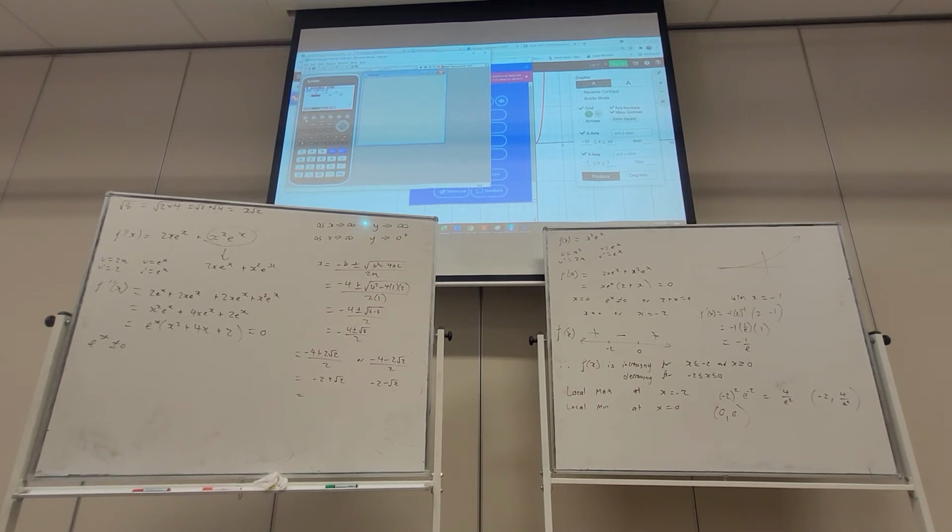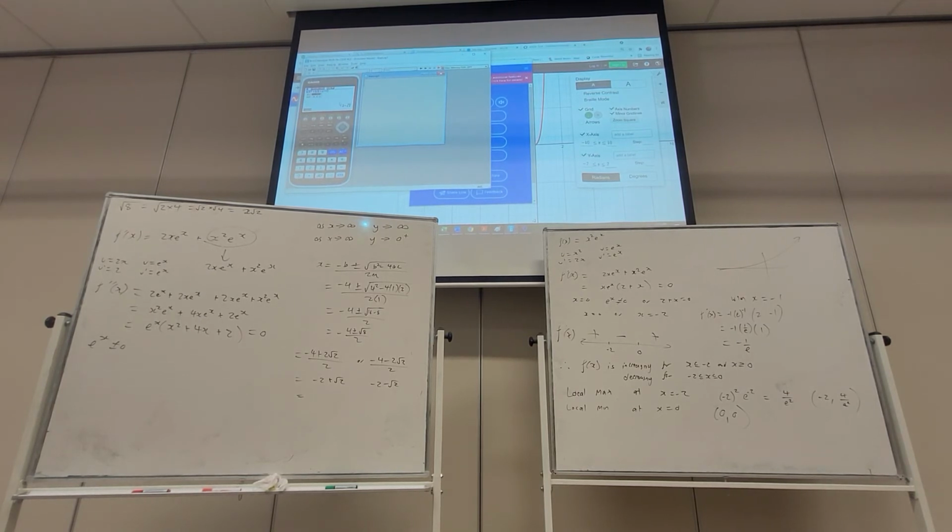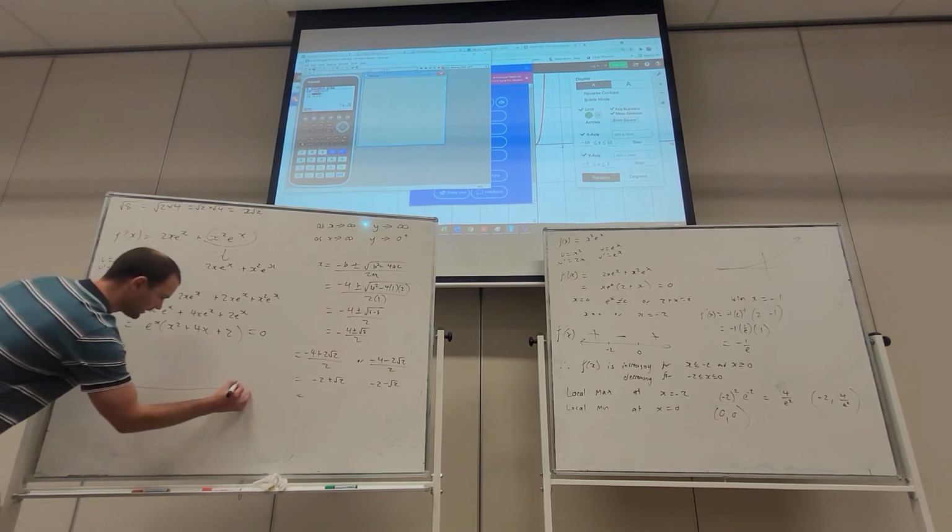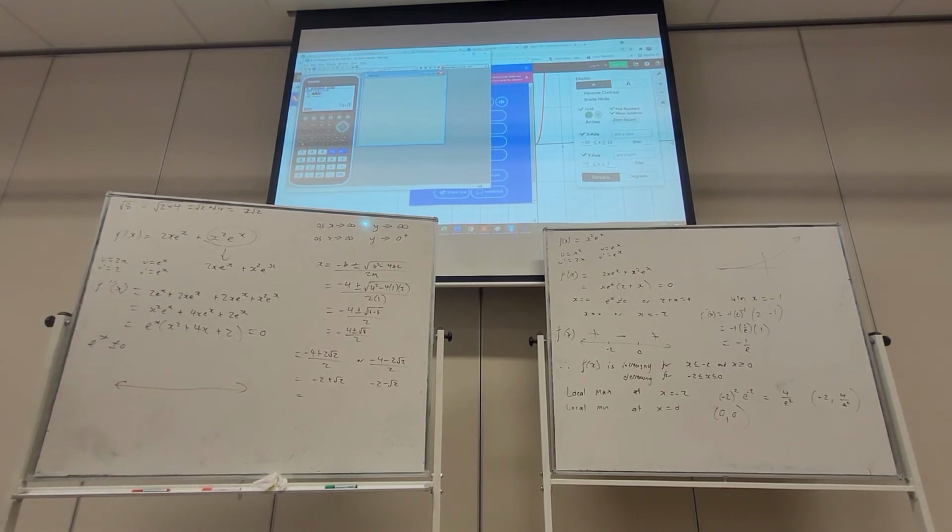Our value for a is 1, b is 4, and c is 2. It tells me those roots: minus 2 plus root 2 is popping up at the bottom there, and minus 2 take root 2. It's also represented them to a number of significant figures. So I've got minus 0.585. So if we're thinking of our sign diagram, minus 0.585 and minus 3.414.